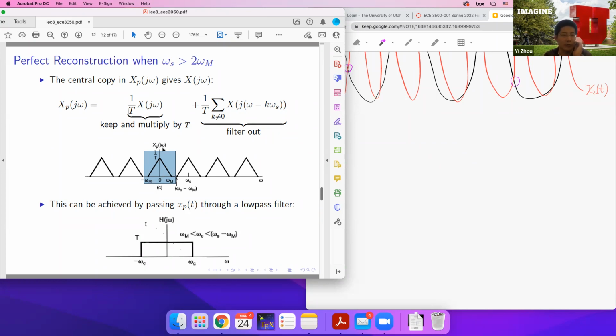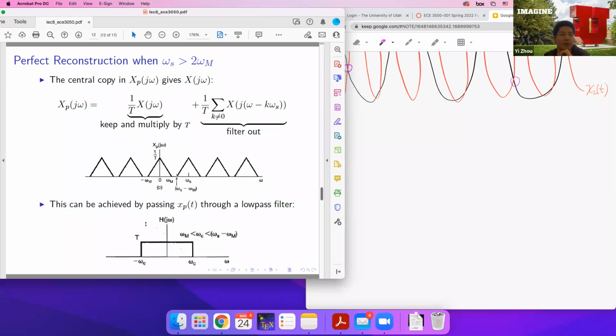To satisfy this criterion, the cutoff frequency ω_c must, first of all, be greater than ω_m, the bandwidth of the first copy, so that this rectangle will cover the entire first copy. And at the same time, it has to be less than or equal to ω_s minus ω_m, which is the ending point of the left-hand side of the second copy.